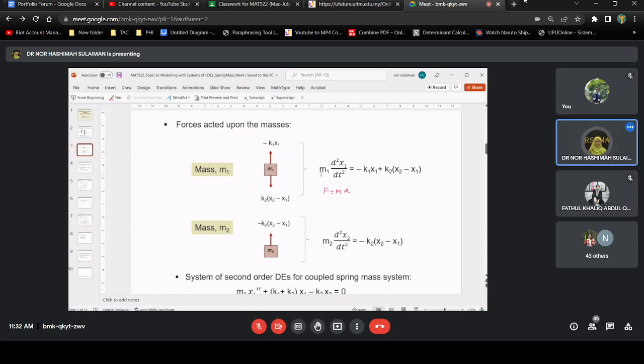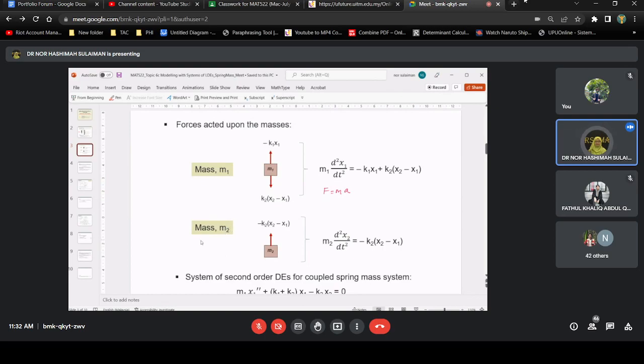So we have m1 multiplied by the acceleration, right? So equal to negative K1, this is the force due to the spring constant. This is the force due to this spring constant, okay, this spring constant acting downwards. Alright.